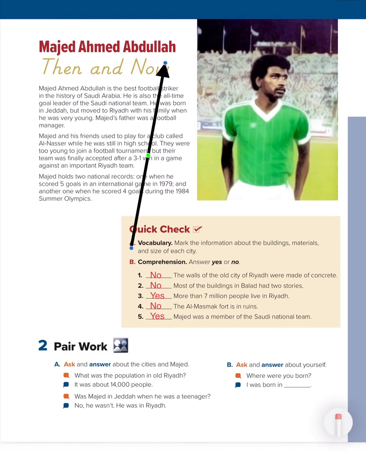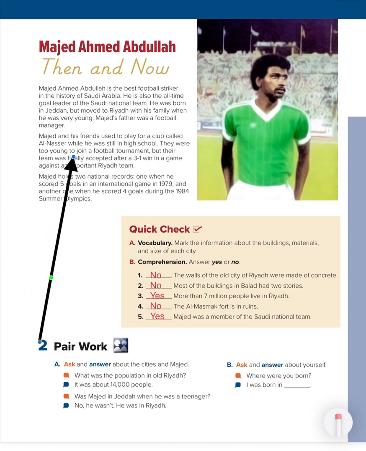Majid Ahmed Abdullah, then and now. Majid Ahmed Abdullah is the best football striker in the history of Saudi Arabia. He is also the all-time goal leader of the Saudi national team. He was born in Jeddah, but moved to Riyadh with his family when he was very young. Majid's father was a football manager. Majid and his friends used to play for a club called Al Nasser while he was still in high school.